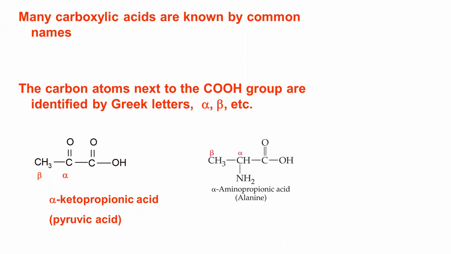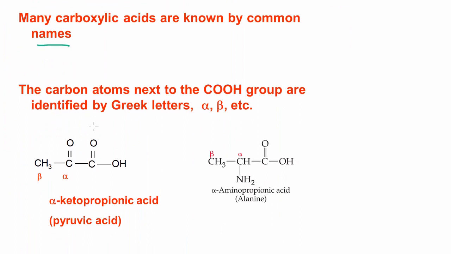Most carboxylic acids are known by their common names, and here are some other carboxylic acids that have other functional groups associated with them. So for example, here we have a carboxylic acid. Here's the carboxyl group, but here we also have this ketone-like group.